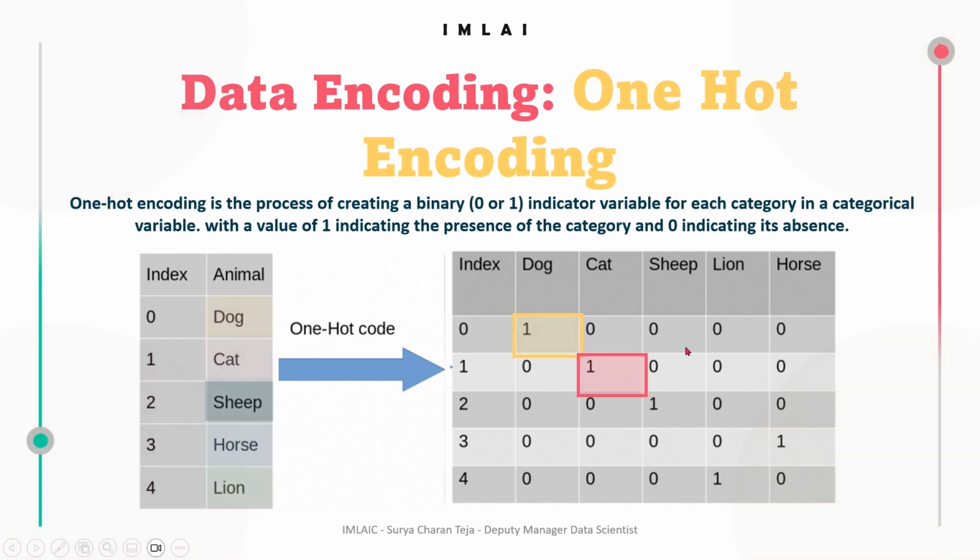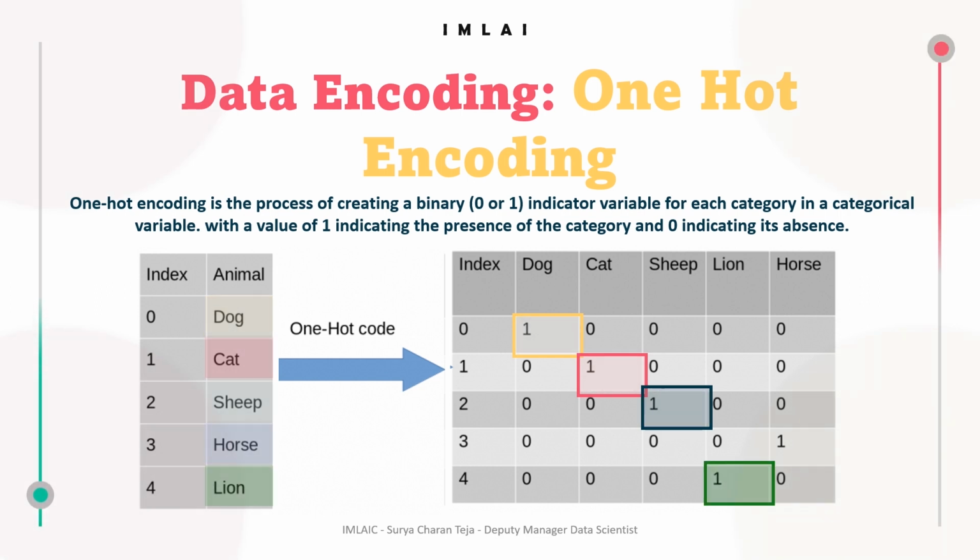Then you have a cat: dog is absent so it took 0, and cat has taken 1. Similarly, sheep has taken 1 and the remaining dummy variables have taken zeros. The same applies to lion and horse.